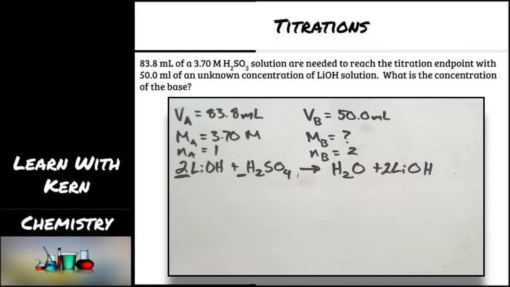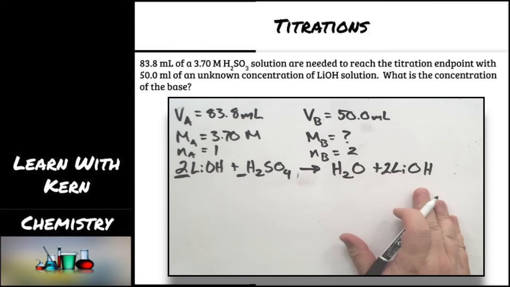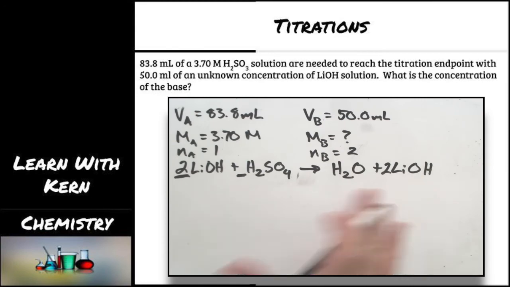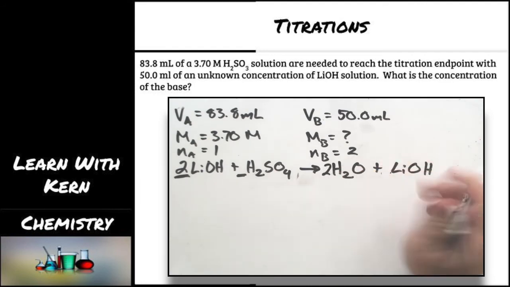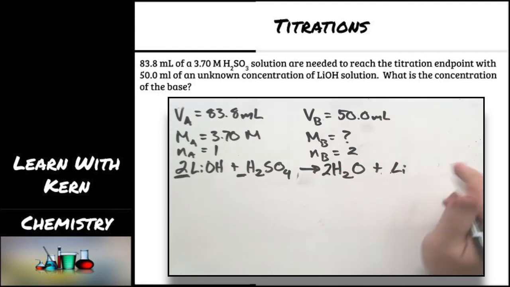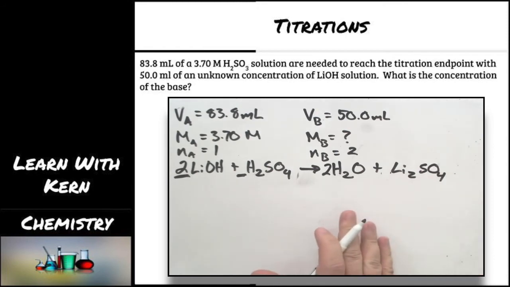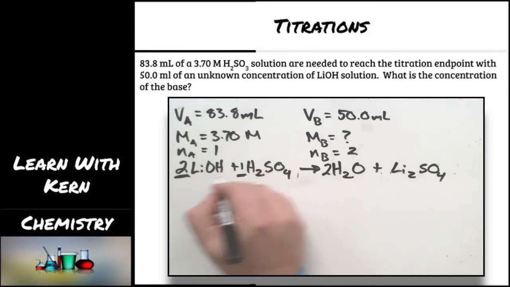I just noticed that I accidentally wrote this equation down incorrectly. It doesn't change the way that the rest of the problem is solved, but this should be 2H2O and this is Li2SO4. I don't know why I didn't catch that earlier, but there's the correct chemical equation. But since these are the only coefficients you're actually going to be using, it doesn't change the way the rest of the problem is solved.